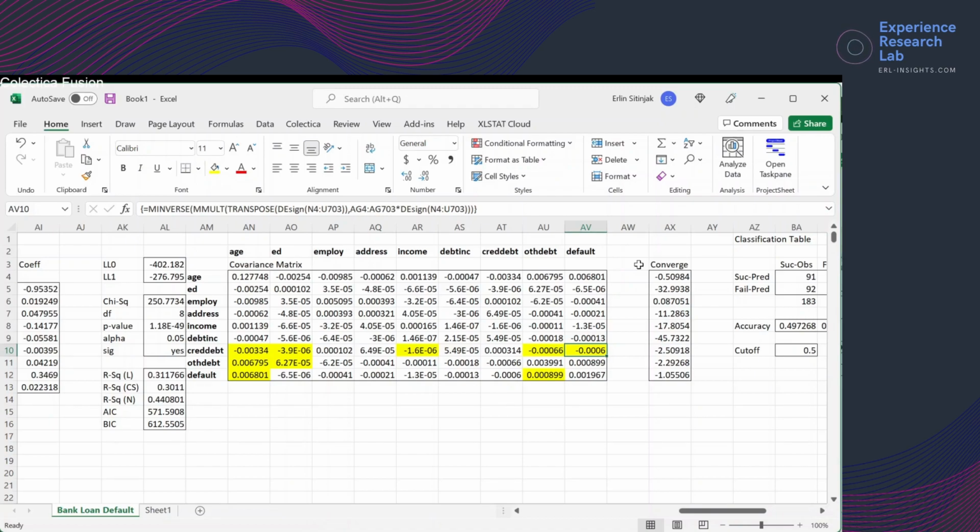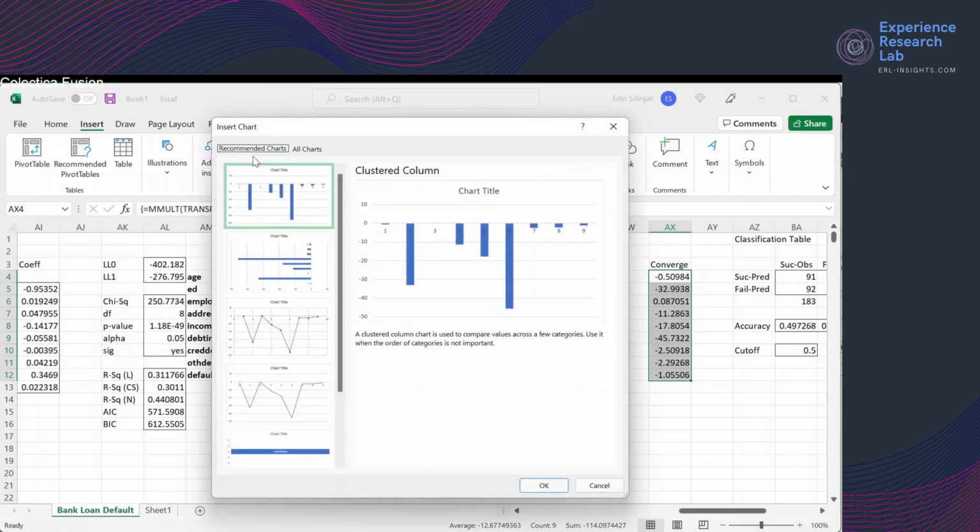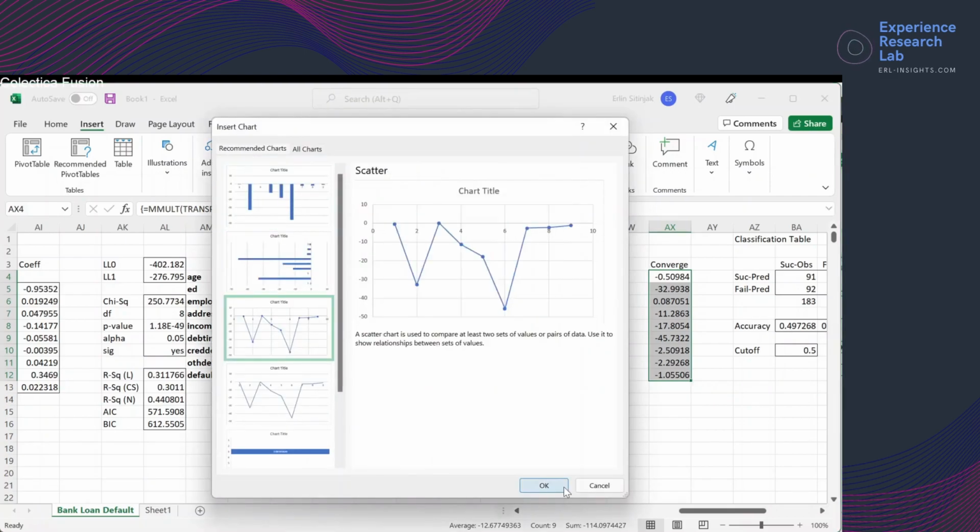Now let's move to the next table here, the convergence table, which shows where the parameter estimates converge given the maximum number of iterations for the binary logistic regression. If I block this table, click insert and click recommended charts, I can select these charts and click OK.